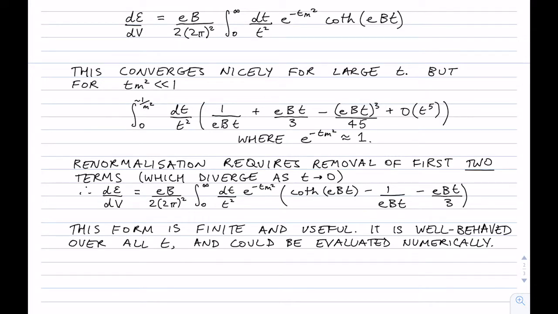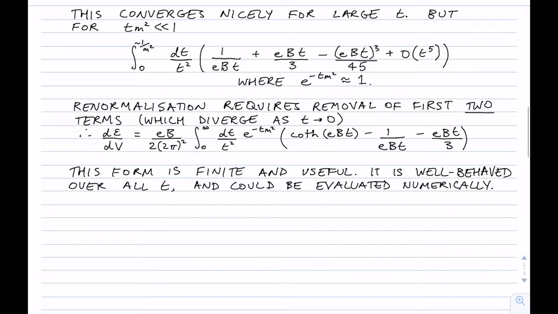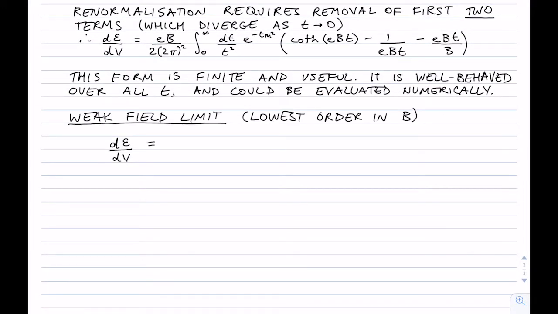What we'd now like to do is get the weak field limit, lowest order in magnetic field B. Well, in order to get the weak field limit, all I need to do is expand out the coth and just keep the first term, which has not been killed away by the renormalization procedure.